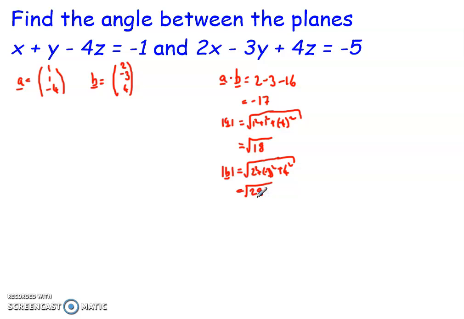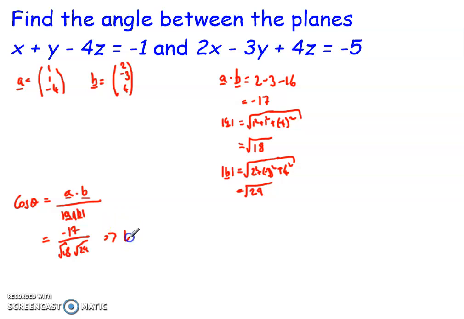So what I now do is plug all of that together. I know that cos theta is equal to A dot B over magnitude of A, magnitude of B. So that equals negative 17 over root 18 root 29.